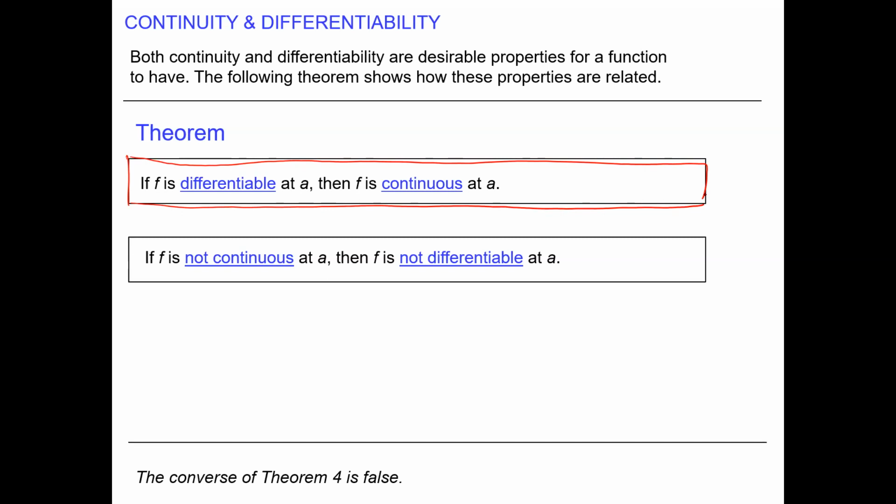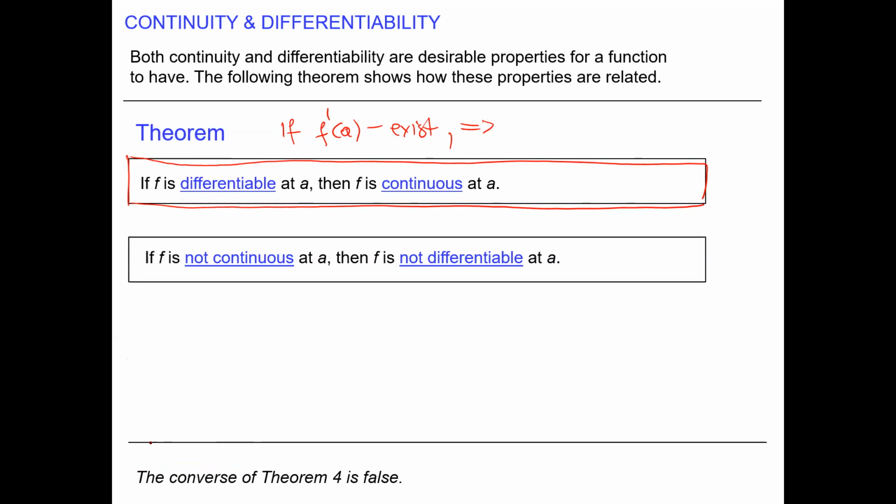If the derivative exists, I can say if f prime at A exists, then the function is continuous, and actually I can state the definition of continuity.